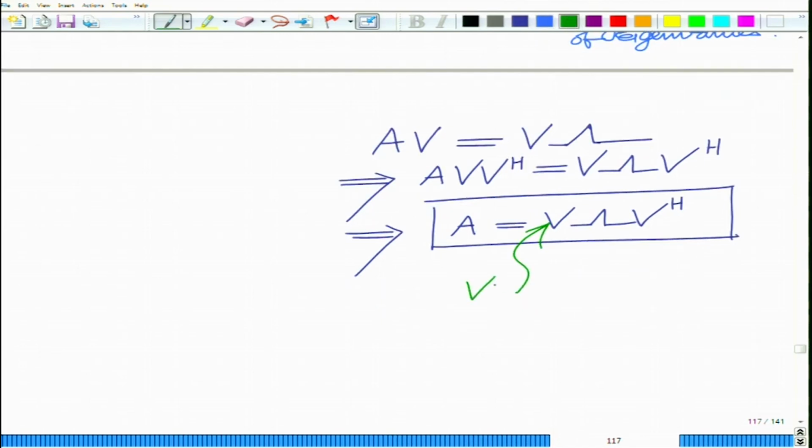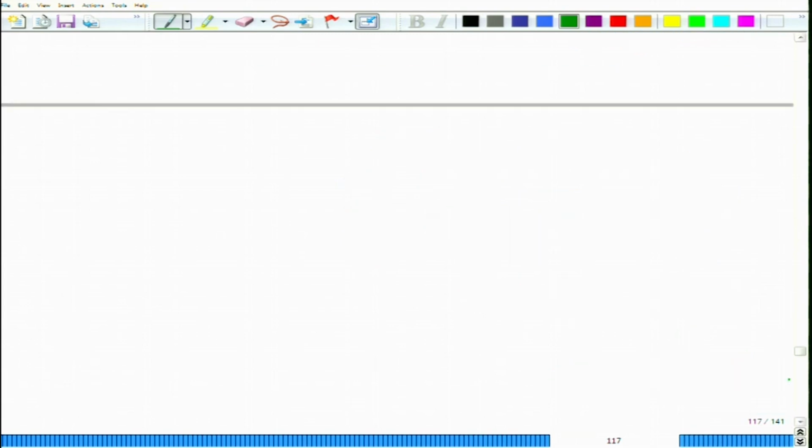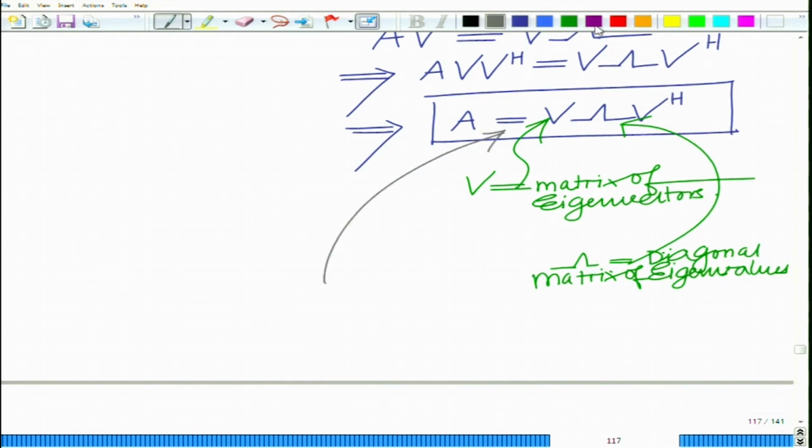So, V equals the matrix of eigenvectors, lambda equals the diagonal matrix of eigenvalues, and this is termed as the eigenvalue decomposition.